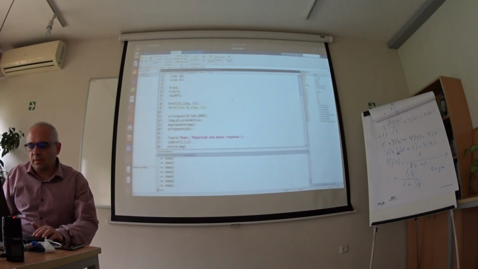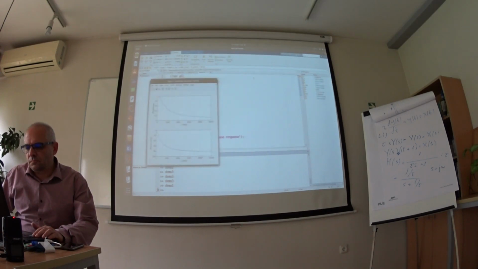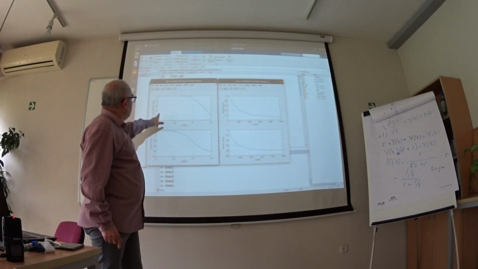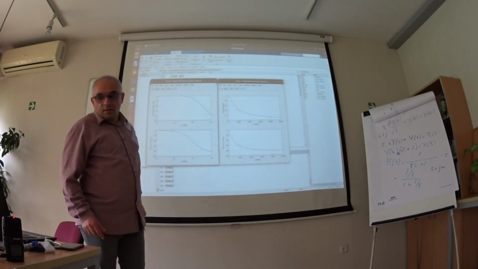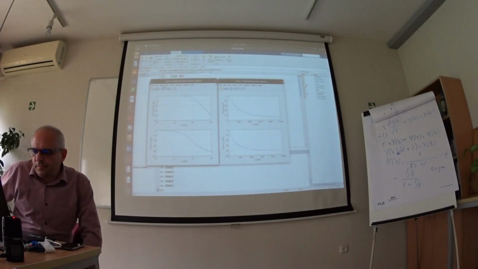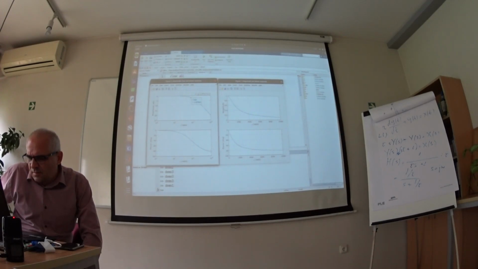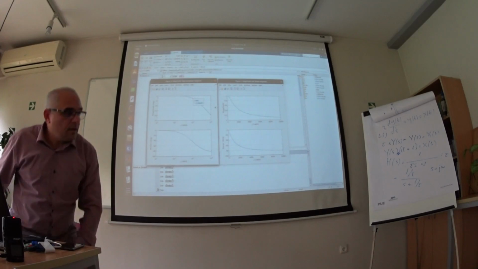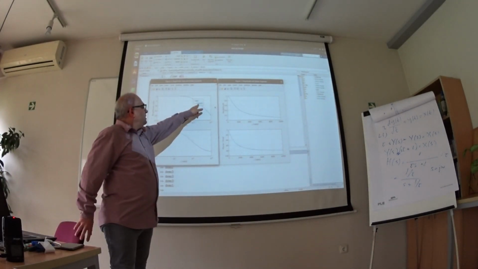Well, let's start with the integrating circuit. Magnitude and phase response in linear scale and in logarithmic scale. Here is the cutoff frequency at level minus 3 decibels.